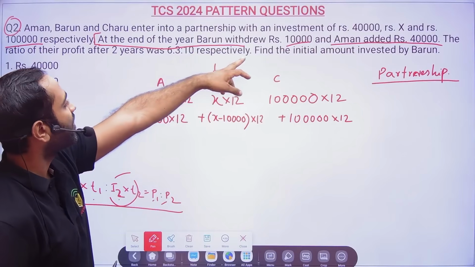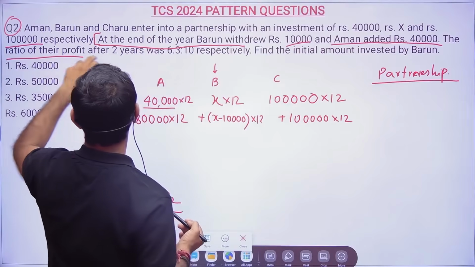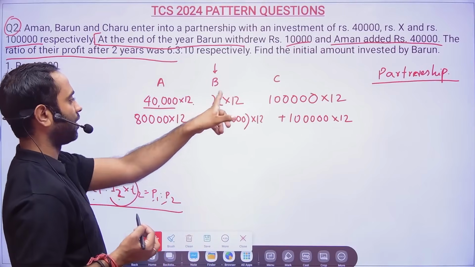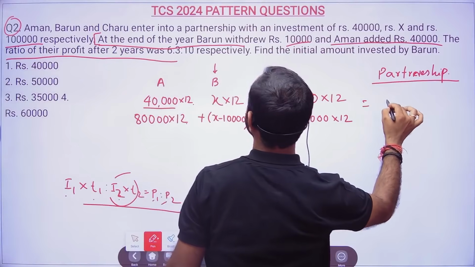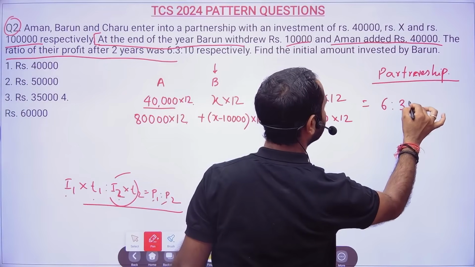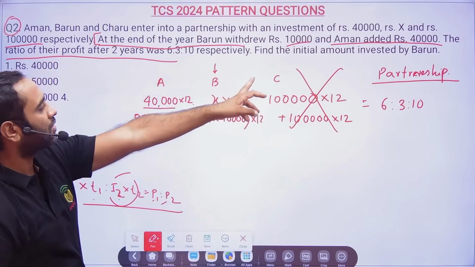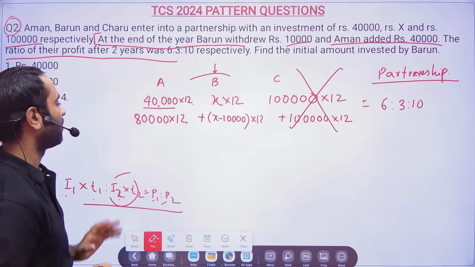Barun withdrew 10,000 rupees, Aman added 40,000 rupees. The ratio of their profit after 2 years, that is the reason we have taken 12-12, 1 year, 1 year. So the ratio of the profit is 6:3:10. Anyway, we are not worried about this. We have to find out the initial amount invested by Barun. So these two are sufficient for me.